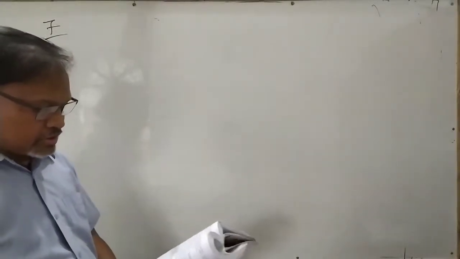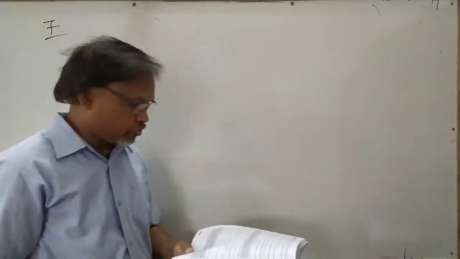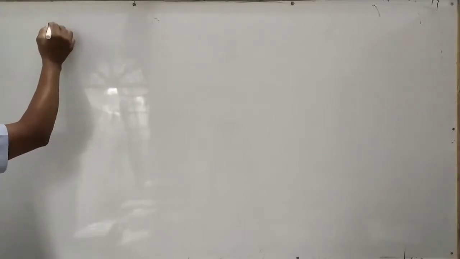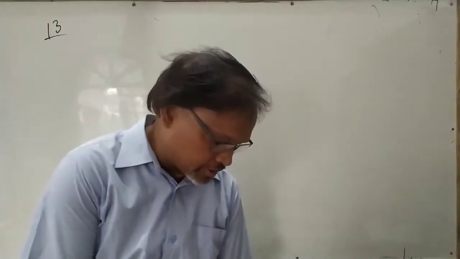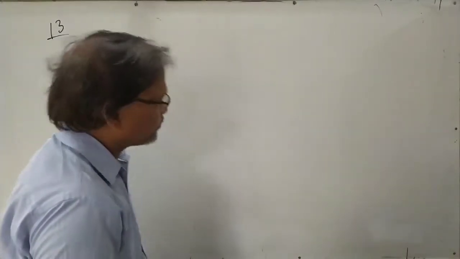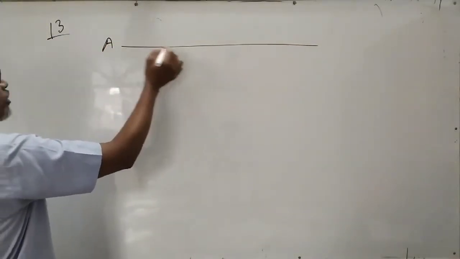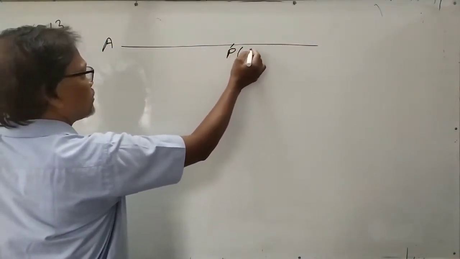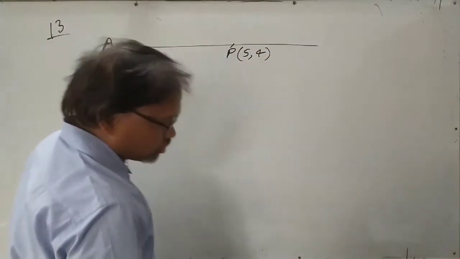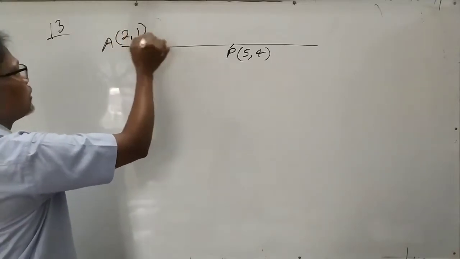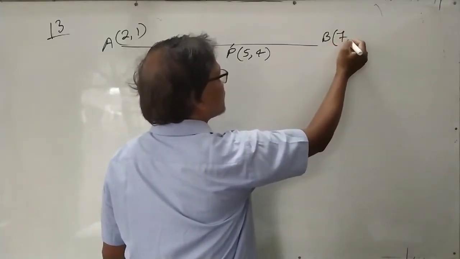In some questions you have to find in what ratio, like question number 30: in what ratio does the point (5, 4) divide the line joining the points (2, 1) and (7, 6)?